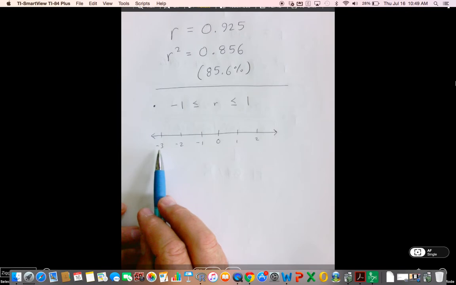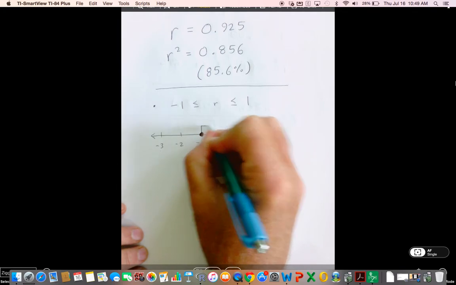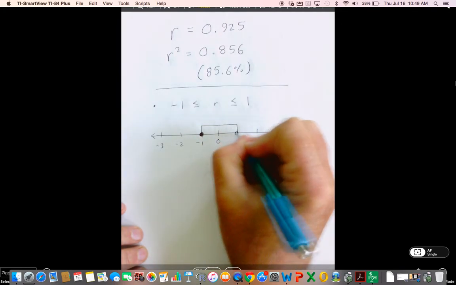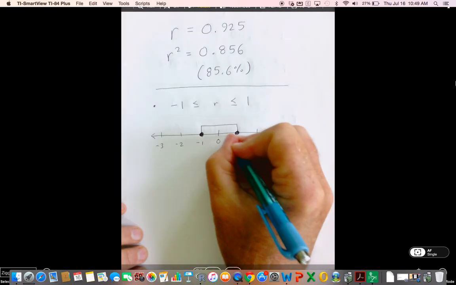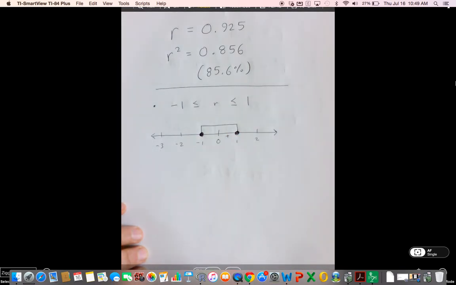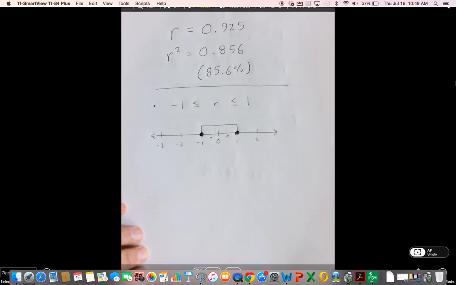You made a mistake. It's impossible. R values must fall between there and there. Positive R values indicate a positive relationship. Negative R values indicate a negative relationship.